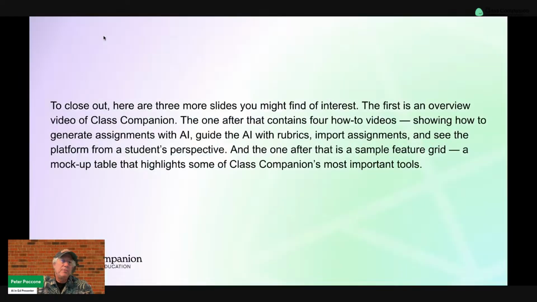Let's go now past to, in essence, close out. There are 3 additional slides that I'd like to put before you. Since I'm going to be sharing this slideshow within the next 24 hours, you'll have access to the link for the demo that I made, for the wrap-up activity.